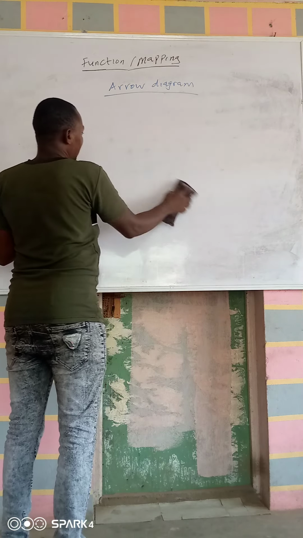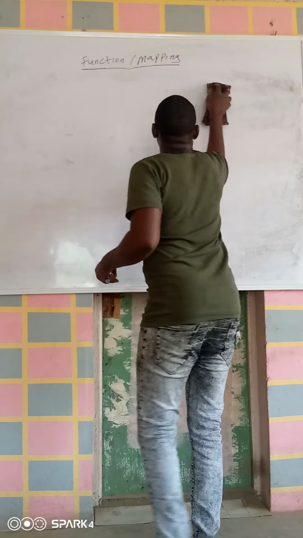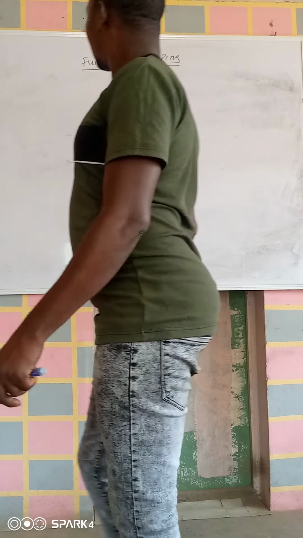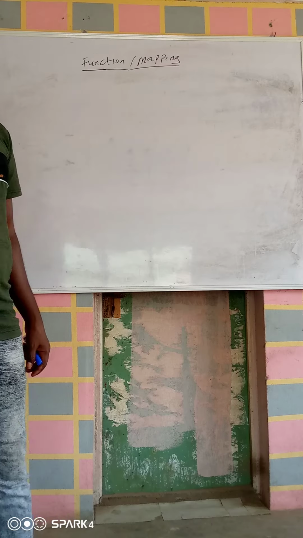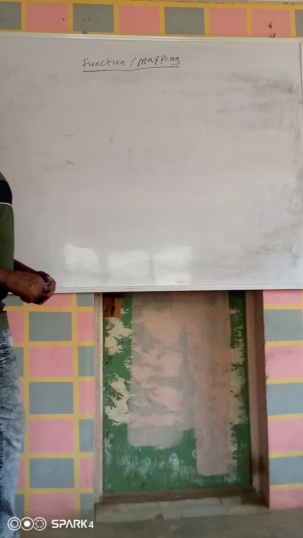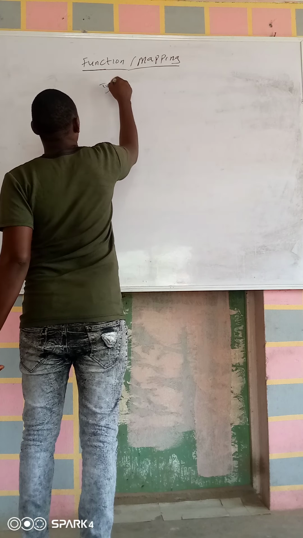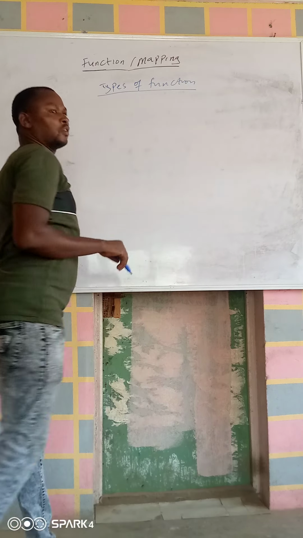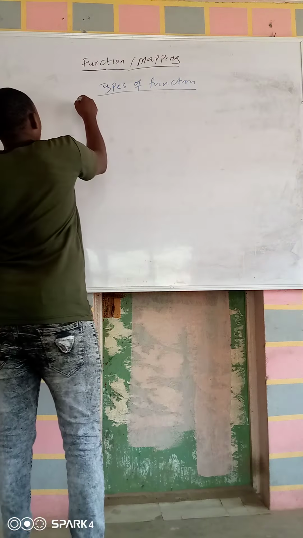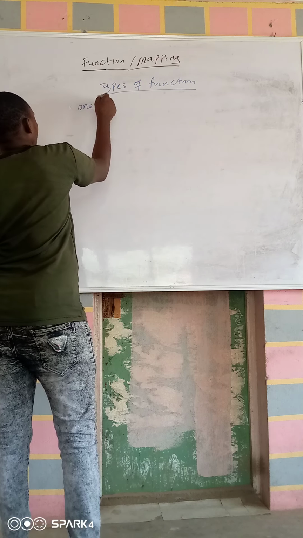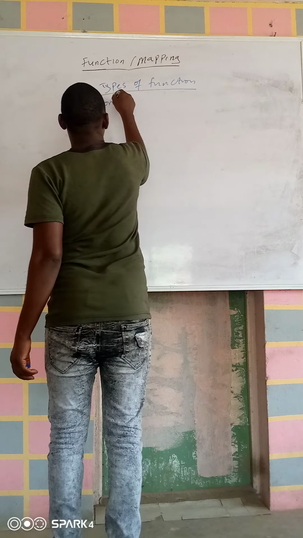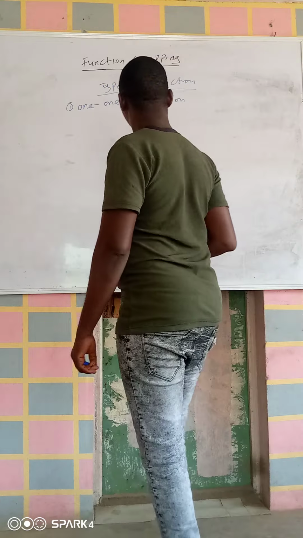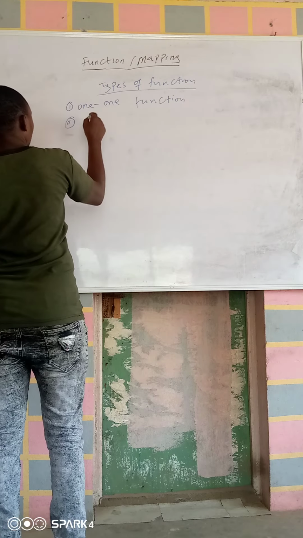So we can have types of function. Yes, types of function. We have what we call one-to-one, or we say one-one function. We can also have onto function.